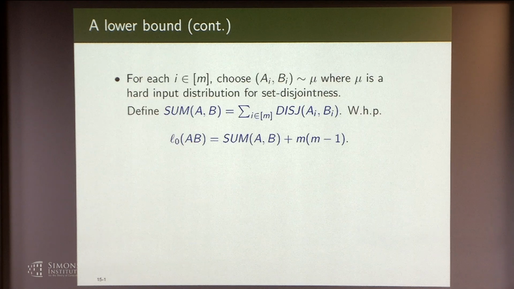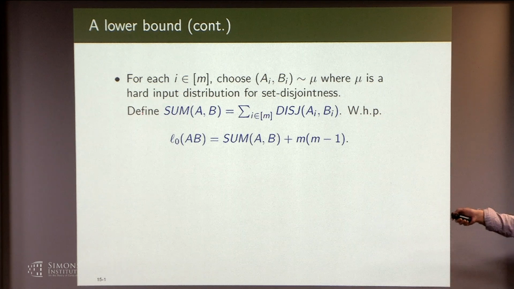So this is the hard input distribution for the L0 estimation problem. I will set the value of m shortly. For each pair A_i, B_i, this is chosen as an instance of the set disjointness problem, according to a hard input distribution mu.